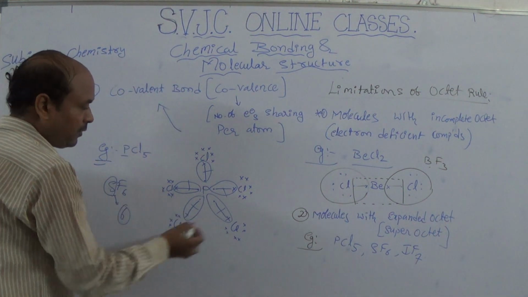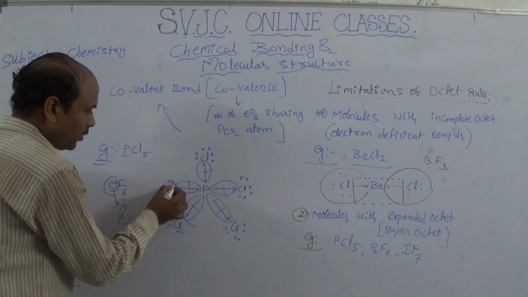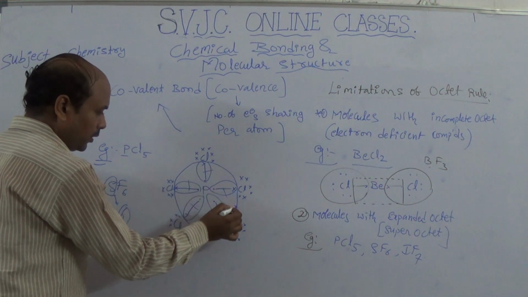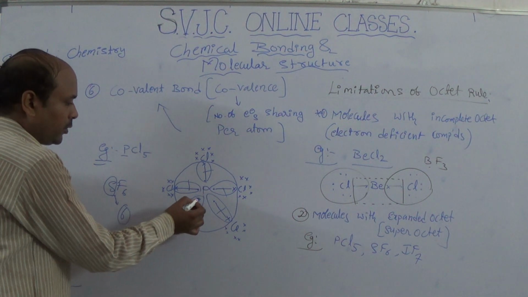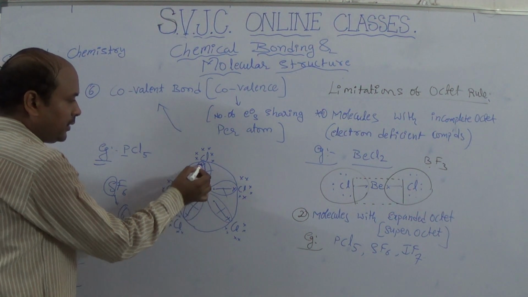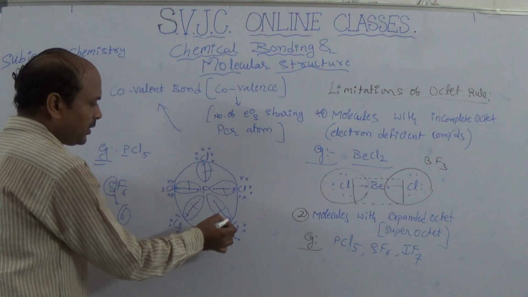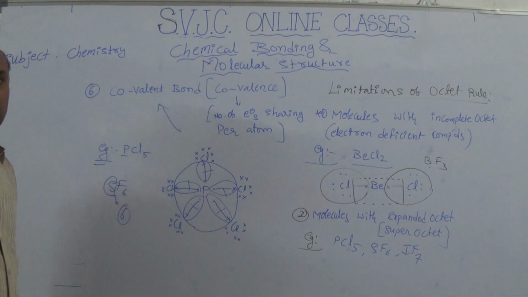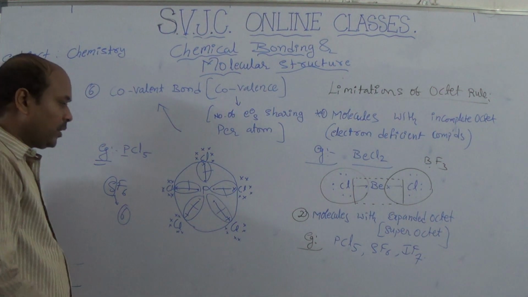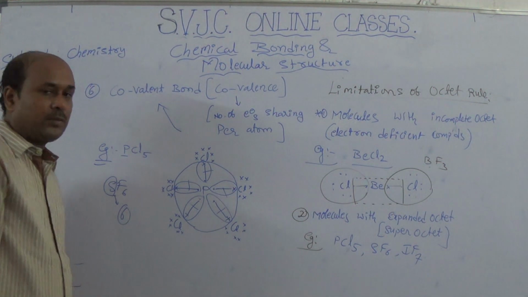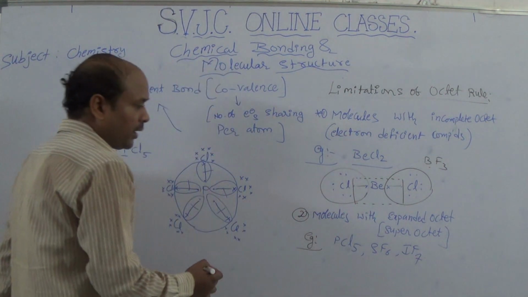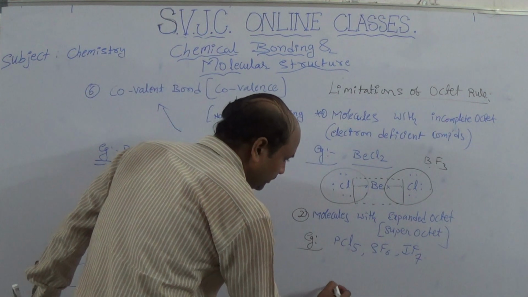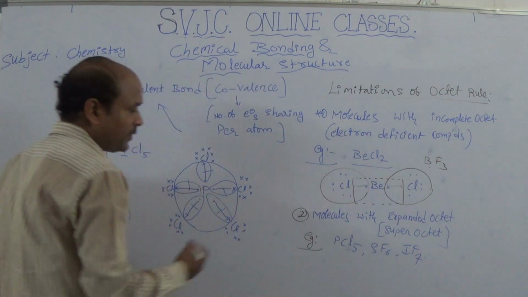Already we observed the diagram. In this PCl5 diagram, how many electrons are present around the phosphorus atom, students? 1, 2, 3, 4, 5, 6, 7, 8, 9, 10. So 10 electrons are present around the phosphorus atom, and that means more than 8 electrons. Similarly, you can observe the SF6 molecule, and IF7 also.